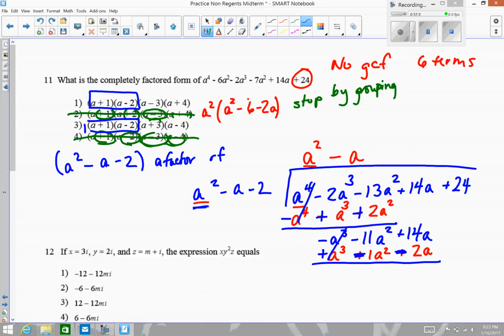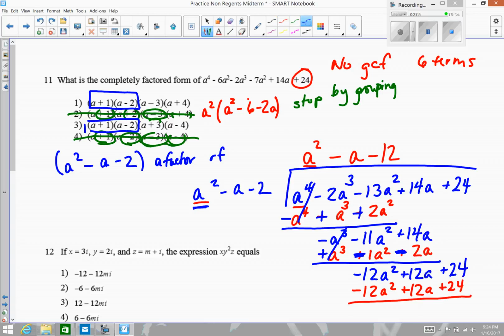Canceling out these, negative 11a squared minus 1a squared is negative 12a squared, and 14a minus 2a is 12a. Bring down our 24, and a squared has to be multiplied by a negative 12 in order to get negative 12a squared. And we get a positive 12a and a positive 24. Distribute a negative sign.